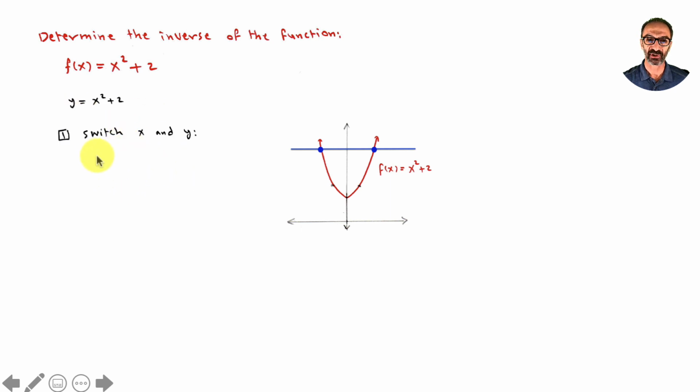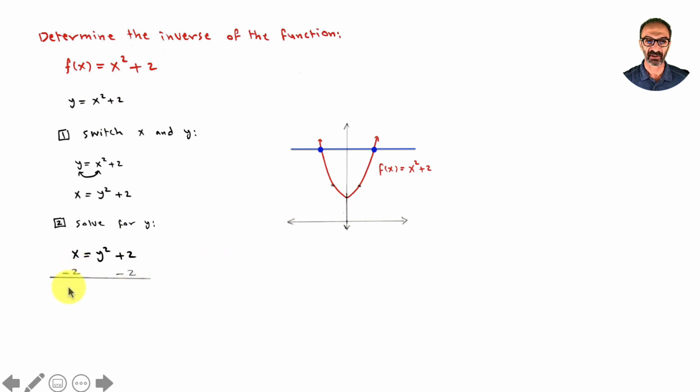We're going to switch x and y. So y equals x to the second plus 2 becomes x equals y to the second plus 2. We're going to subtract 2 from both sides and solve for y. So let's subtract 2 from both sides.